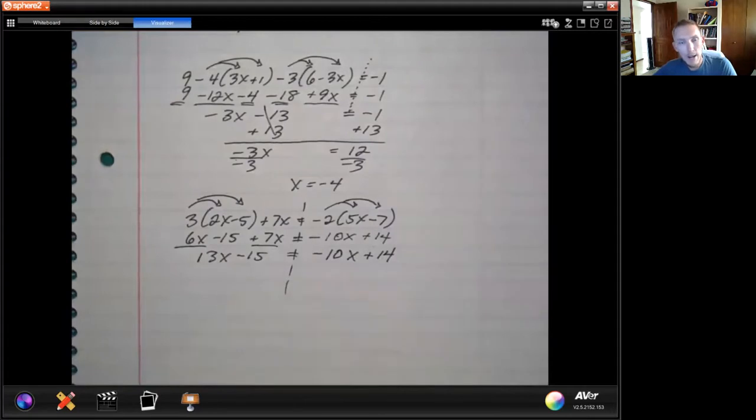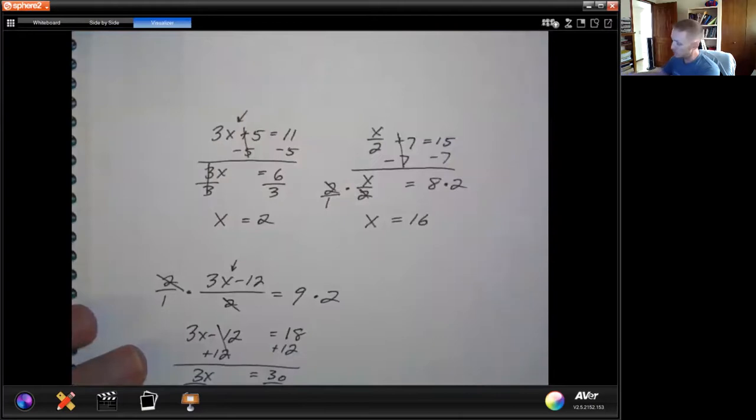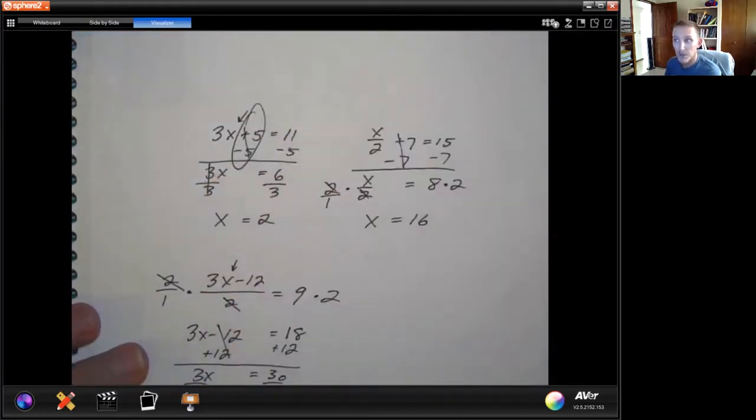Now this one has step 3, which is to move the variables to one side, and I recommend you move the smaller one. Well, in this case, the negative 10 is the smaller one. I want to, for a moment, though, go back to some of our basics when it came to solving equations. So if I go all the way back to a 2-step, how did I make the plus 5 disappear?